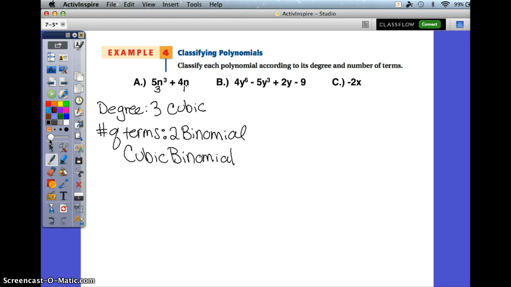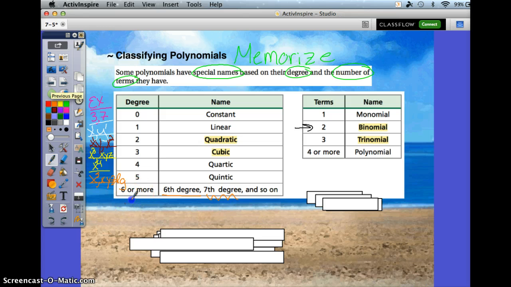For letter B, the degree, if you look, it's already in standard form, has a degree of 6, 3, 1, 0. The degree is 6. Remember, these are the kind of easier ones. You would just say 6 degree.